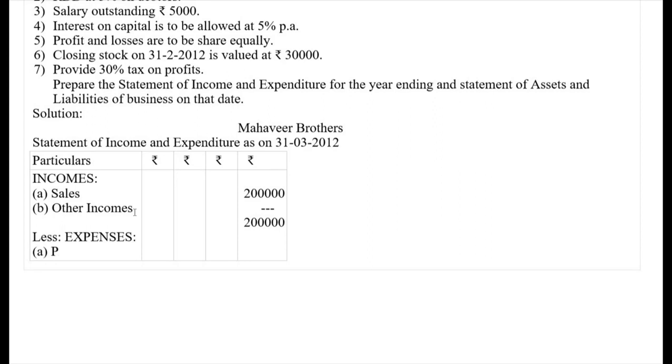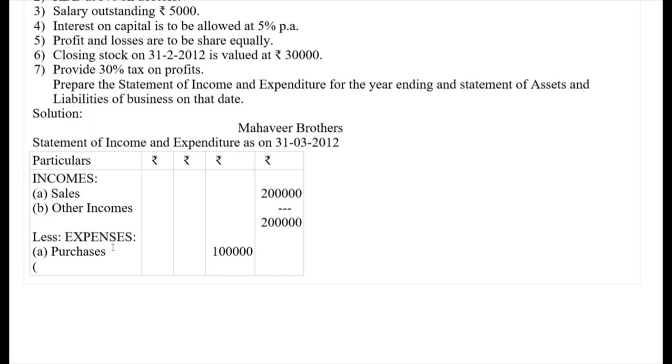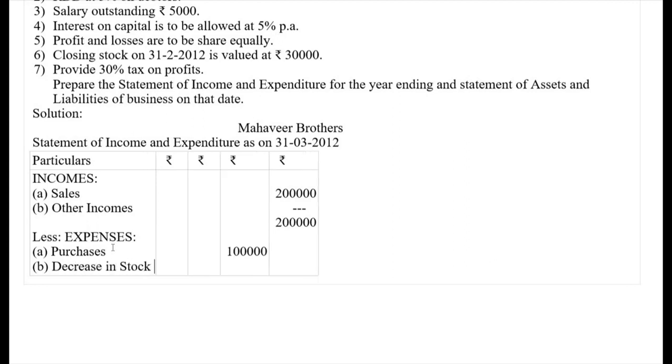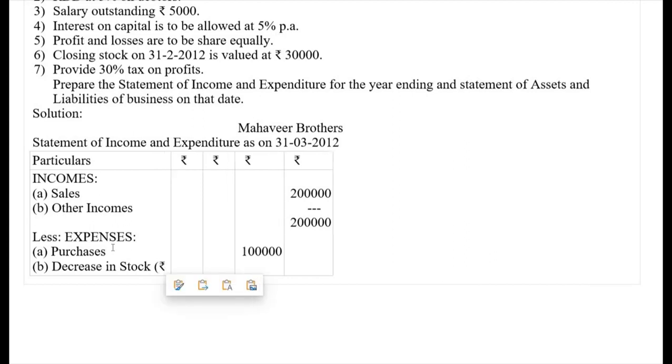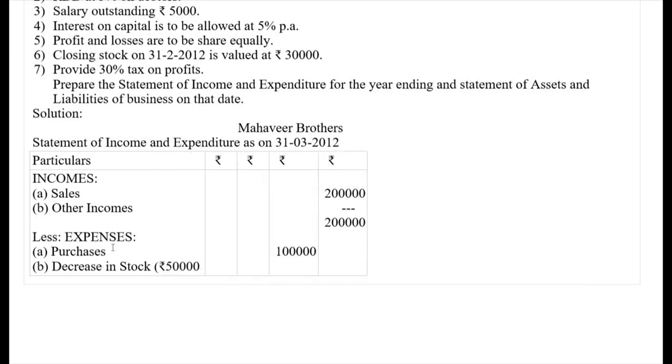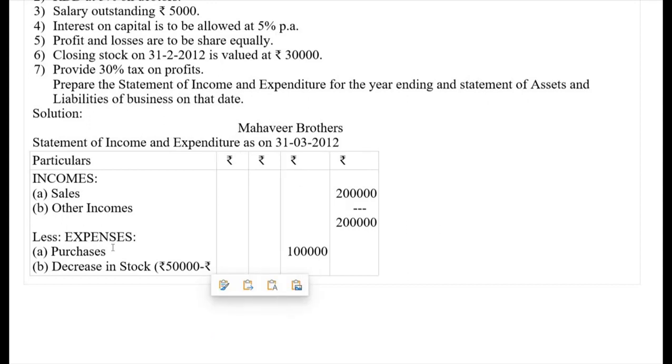So here A, purchases. Of course we don't have any kind of returns here, so let me write down here rupees 1 lakh. Then B, decrease in stock. Let me show in the bracket rupees 50,000 minus rupees 30,000.